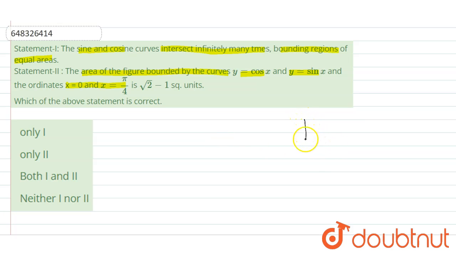See the x-axis and y-axis and how the curves are going.